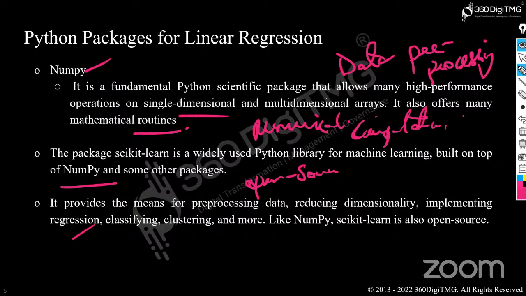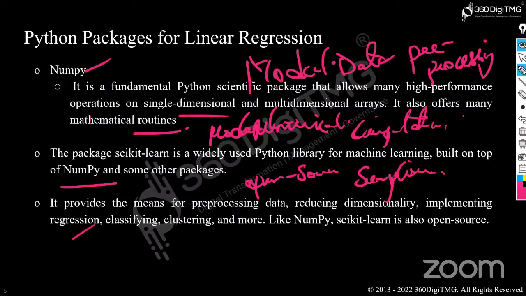It is said that your linear regression model, your machine learning model, is simpler yet robust in its performance. Okay, it gives you a better understanding through visualization.